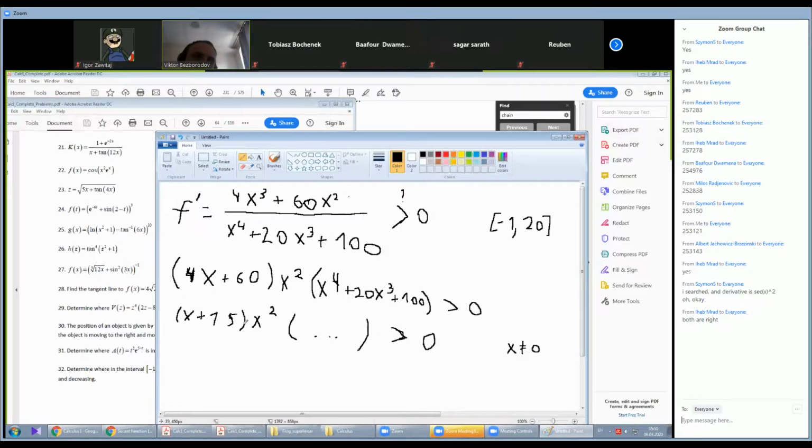Then this part is always positive on this interval, right? Whether x is from -1 to 20, this is always positive. So it doesn't affect the sign. So we removed x squared, remembering this one. Then we remove this one because it's always positive.